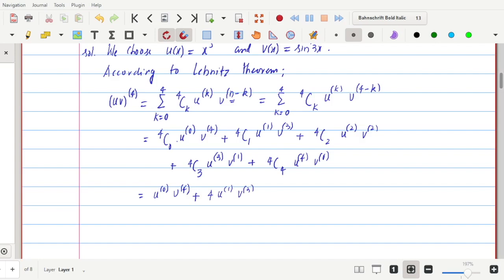So similarly the next one, 4C2, will become 6, and here we will get u2 v2, then plus next 4C3, this will also be 4, then u power 3 v power 1, and then finally 4C4, this will again be equal to 1, and we get here u4 v0.